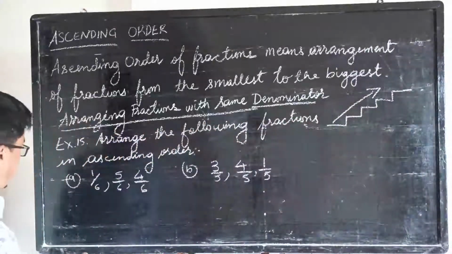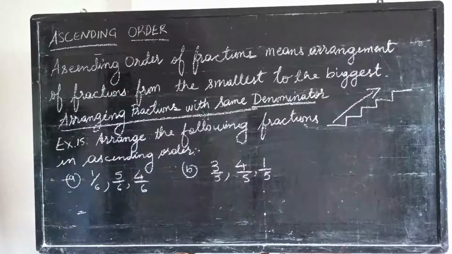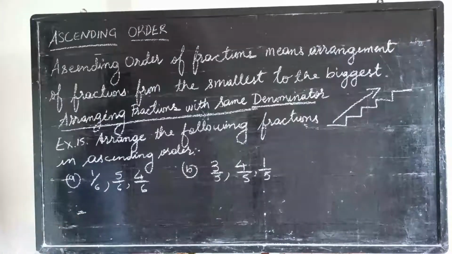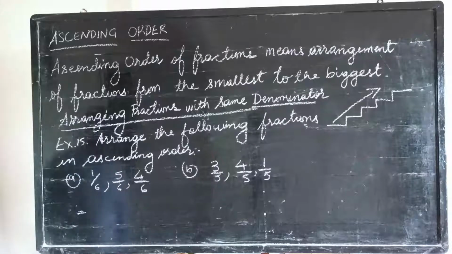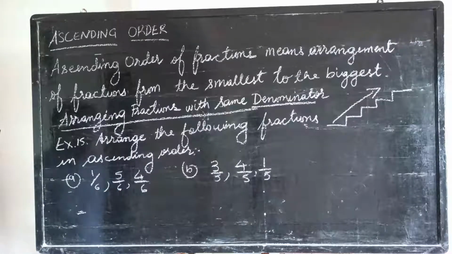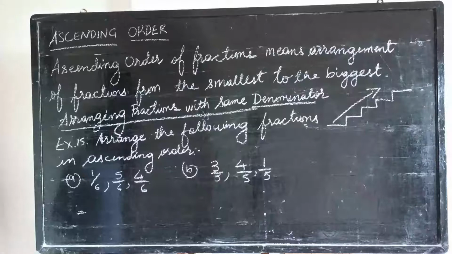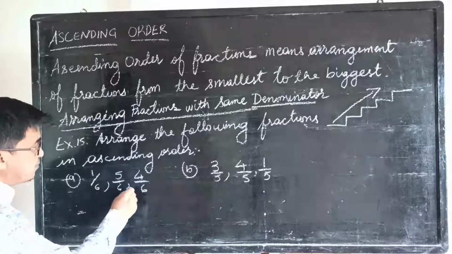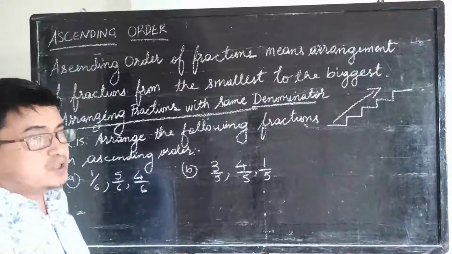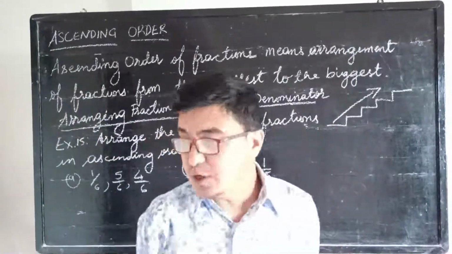Now look at this. Here the denominators are the same: 6, 6, 6. When the denominators are the same, the fraction with the smallest numerator is the smallest.